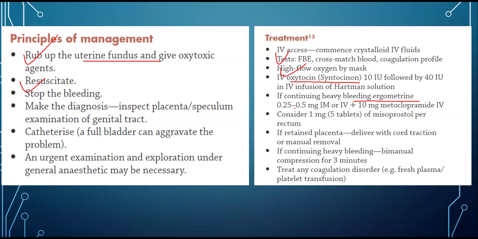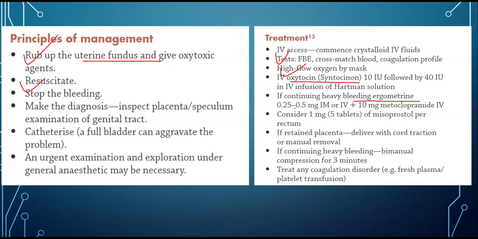So first of all, fundal massage, then resuscitation: IV line, take the blood, start IV fluid, and start blood when it is available. Then make sure the placenta is not incomplete. You can also catheterize the patient because a full bladder can aggravate the bleeding.